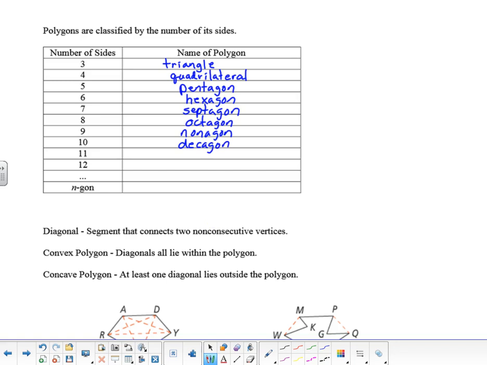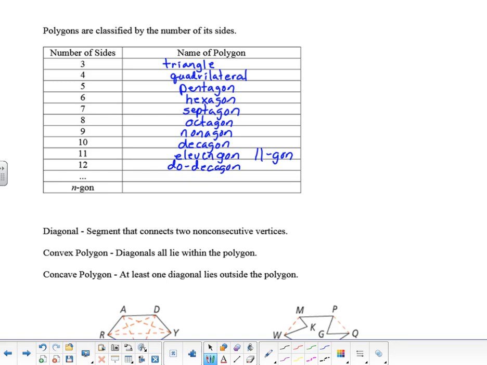Now, once you get above 10, with the exception of 12, we start using numbers. So this is like an 11-gon. That just means an 11-sided thing, and we would probably write it like that. A 12-sided is a dodecagon.